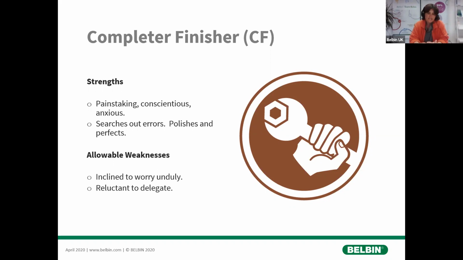Quite interestingly, anybody who works with a completer finisher will know this: although they have finisher in their name, they really don't like to finish, because actually things can always be that little bit better. Things can always be polished and refined. There is never an end point, which is why you need to have a good manager to be able to take work away from them.